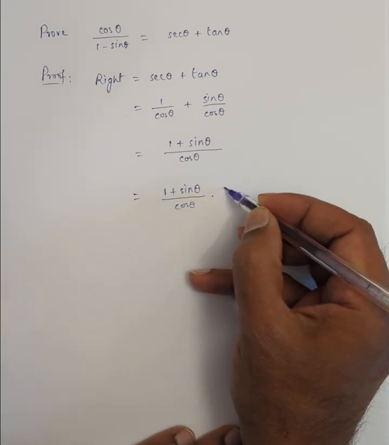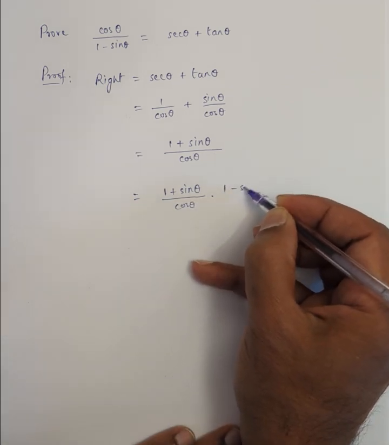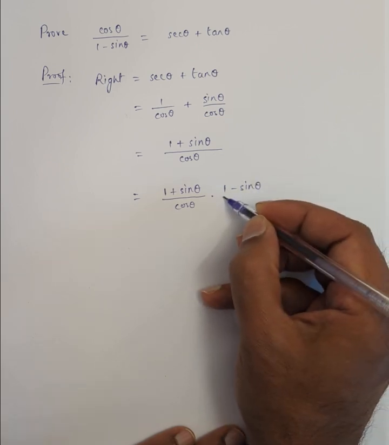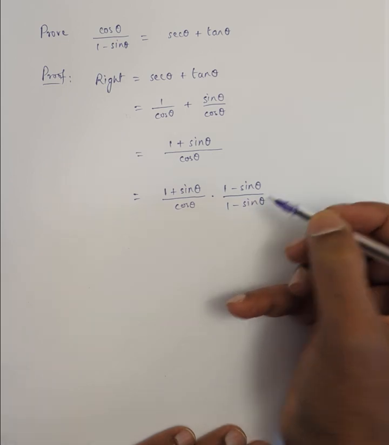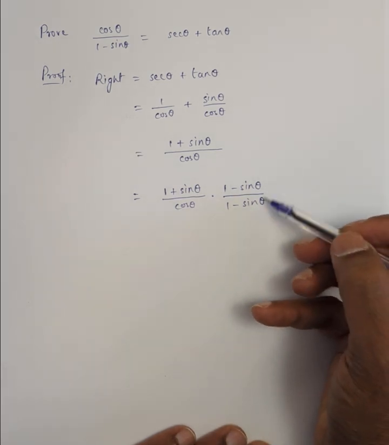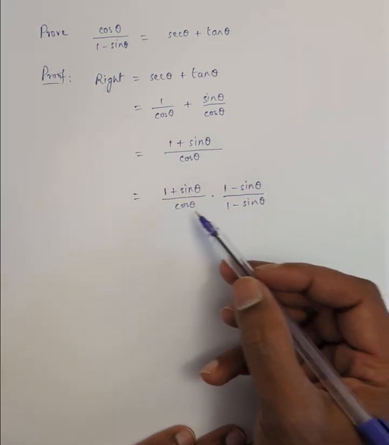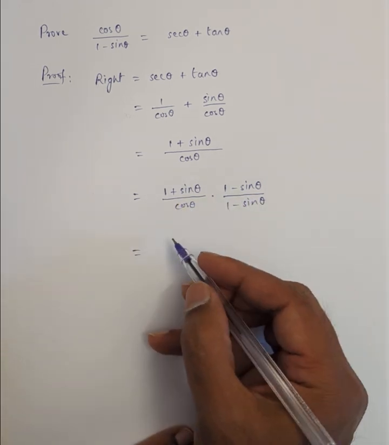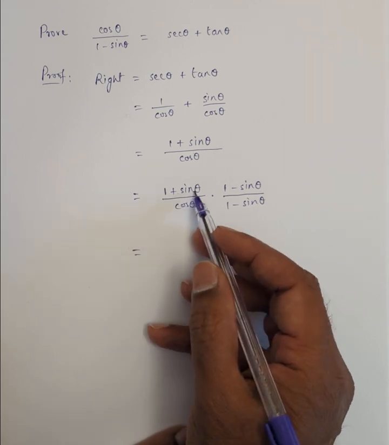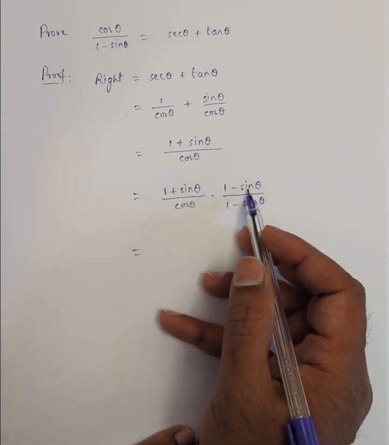What if I multiply and divide by 1 minus sine theta? Now you can multiply and divide by anything you want. Now notice what happens on the numerator. It's going to be 1 plus sine theta times 1 minus sine theta.